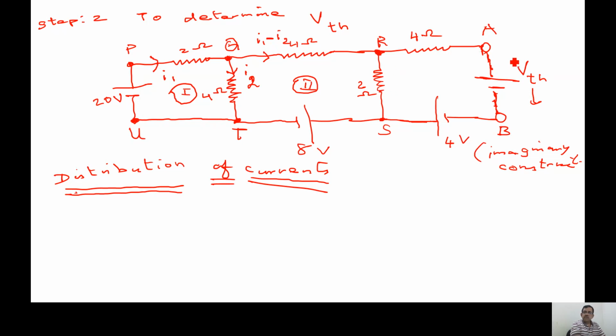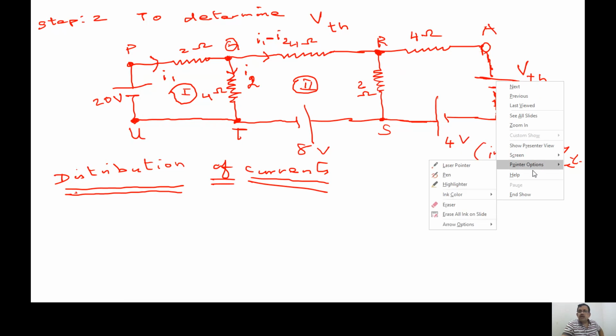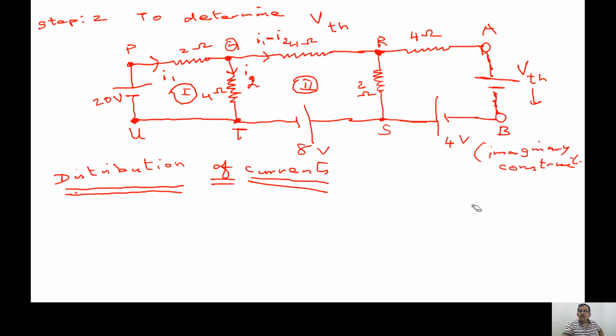Now think about this. This is an imaginary construct. Therefore, AB is an open terminal. Having explained what VTH is, I am going to remove that to make you understand.